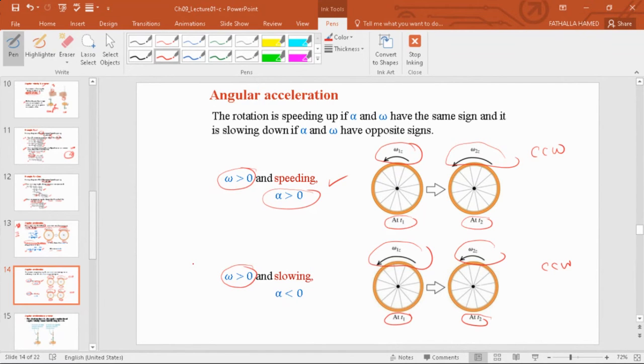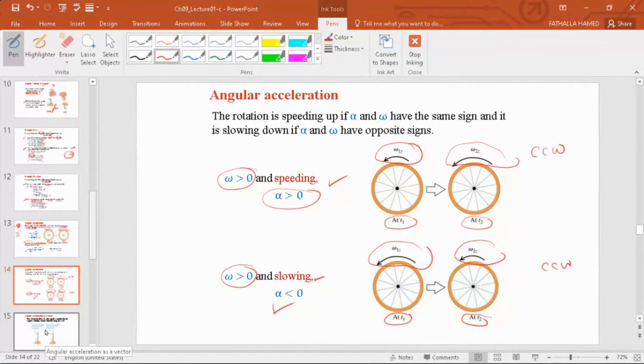But if you want to look at your alpha, which is delta omega by delta t, you know that's going to be less than 0 because omega 2 is less than omega 1. That's why we say that the alpha here is less than 0. Less than 0 means you're slowing down, because you went from a higher omega 1 to a lower omega 2. In that case, your angular acceleration is less than 0.